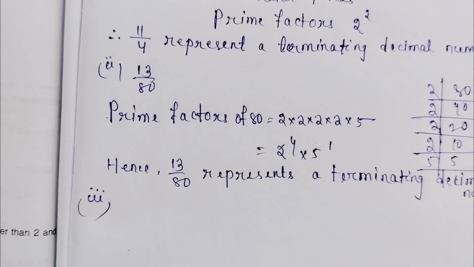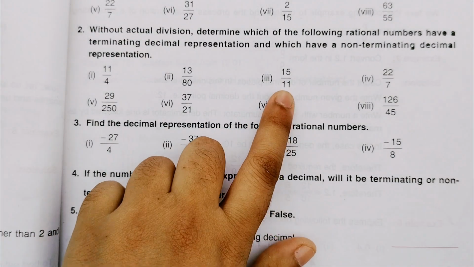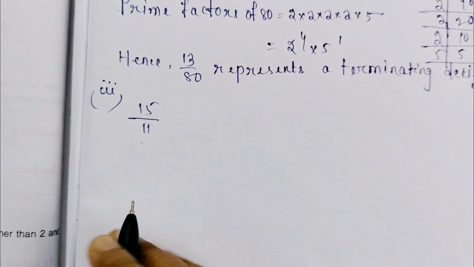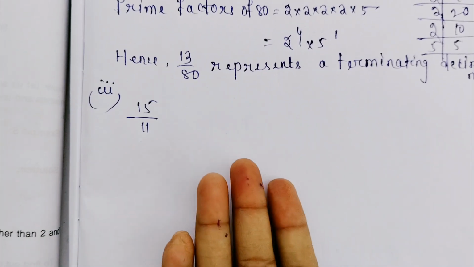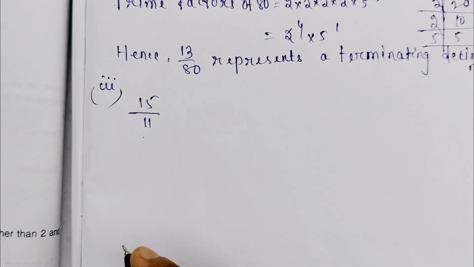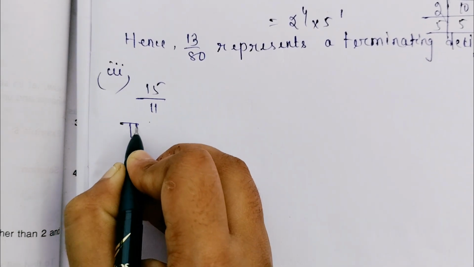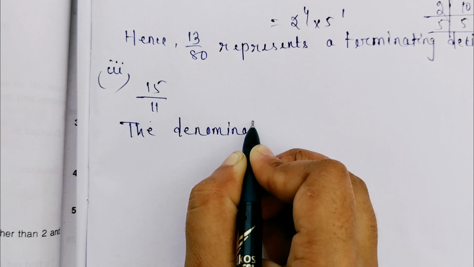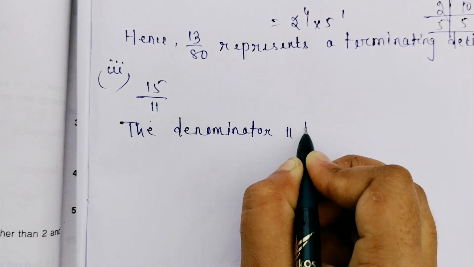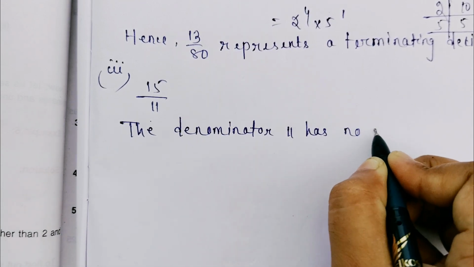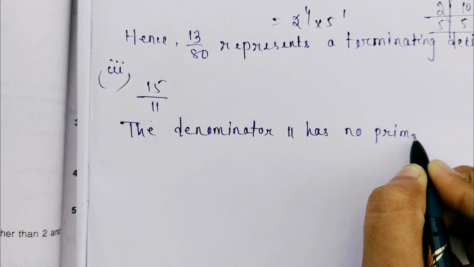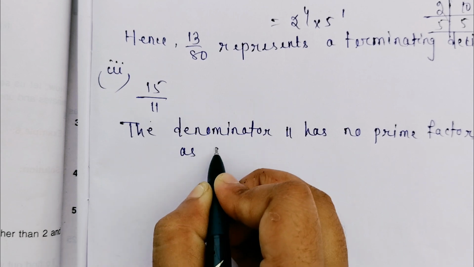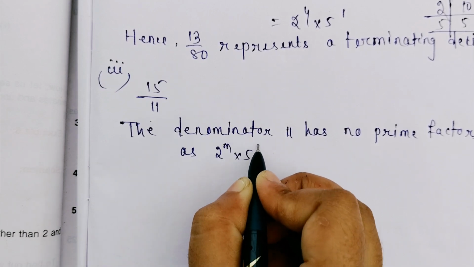Now we solve another point 3. 15 by 11. Here the denominator 11 has no prime factors. So we write here the denominator 11 has no prime factors as 2 to the power m into 5 to the power n.